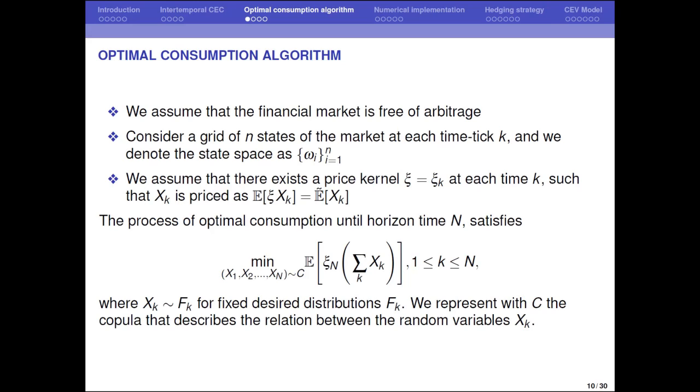And well, the problem is not only to find the minimum one. We have another restriction, that they have to have a dependence structure via a copula. And well, we see how we can achieve this.